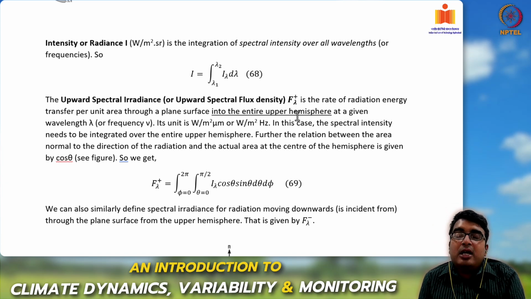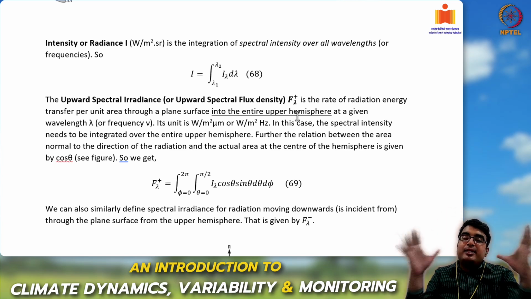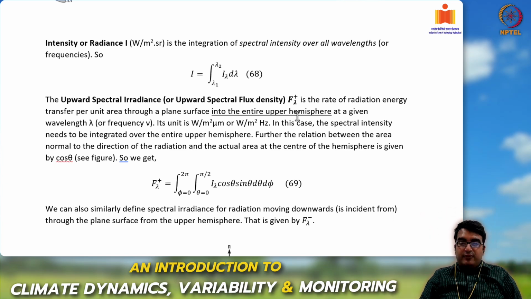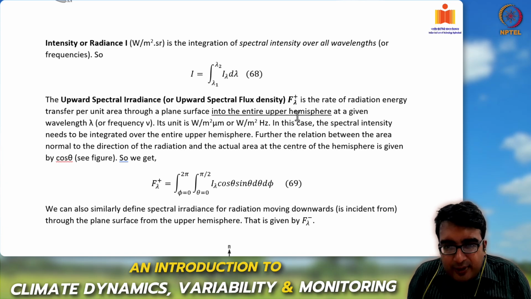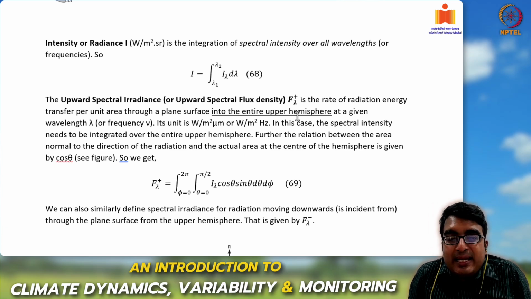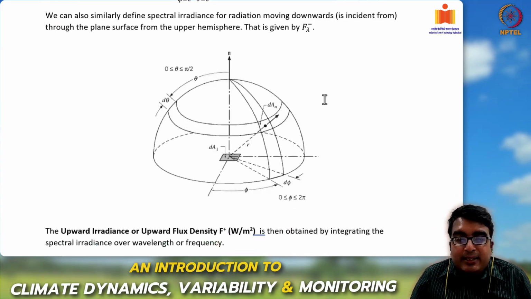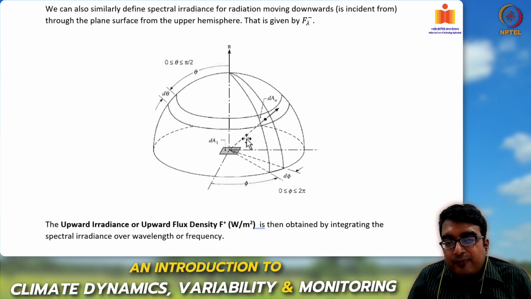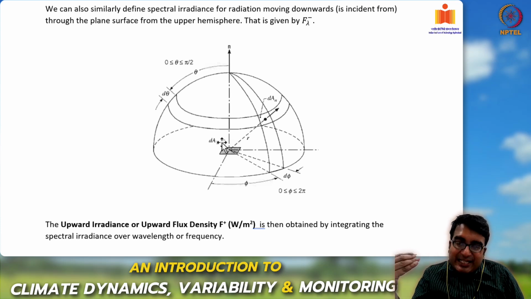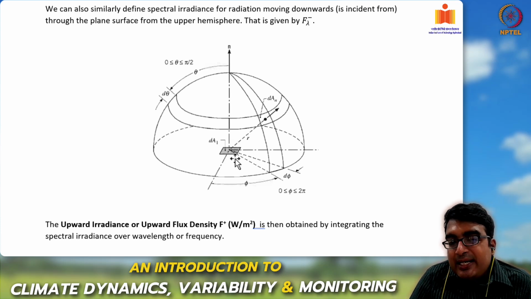Here the solid angle term has been removed because clearly it's an integration over the entire solid angle range in the hemisphere. So in this case, the spectral intensity needs to be integrated over the entire upper hemisphere. Further, the relation between the area normal to the direction of the radiation and the actual area at the center of the hemisphere is given by cos theta. So let us understand this point. Suppose you have a certain location here, and the radiation intensity was defined per unit area normal to this direction. Correct.